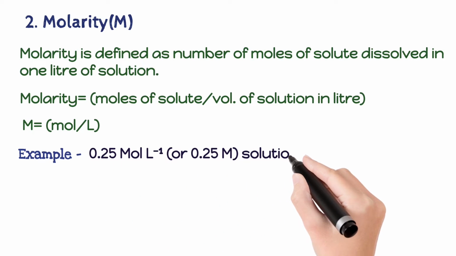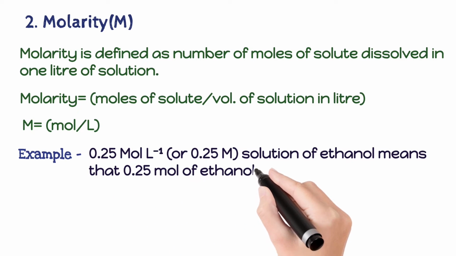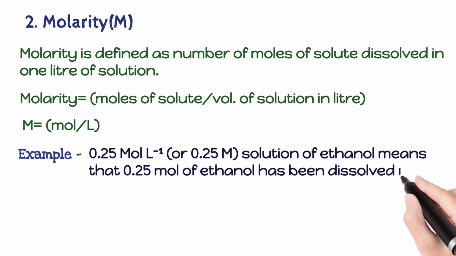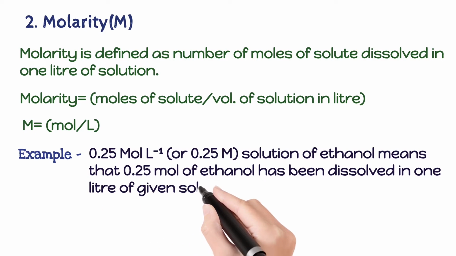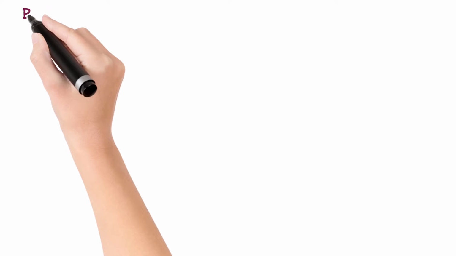Suppose a 0.25 mole per liter solution of ethanol means that 0.25 mole of ethanol has been dissolved in 1 liter of the given solution. It depends on temperature.